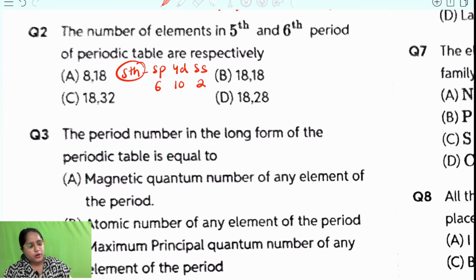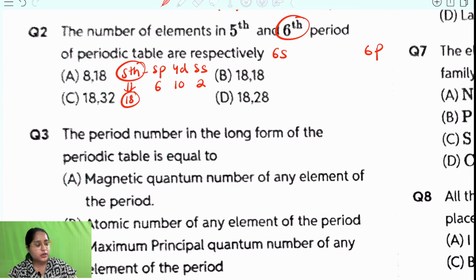So in fifth period, how many elements maximum? 18. Now what they are asking you is the sixth period. So I will write down here 6s, 6p, and in between, in sixth, f will also come, right? So I will write down here 5d and then 4f. So 6s means 2 elements, f means maximum 14 I can fill, d means maximum 10 I can fill, p means maximum 6 I can fill.